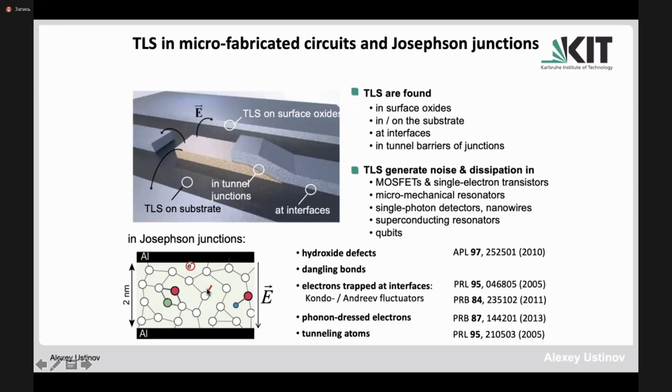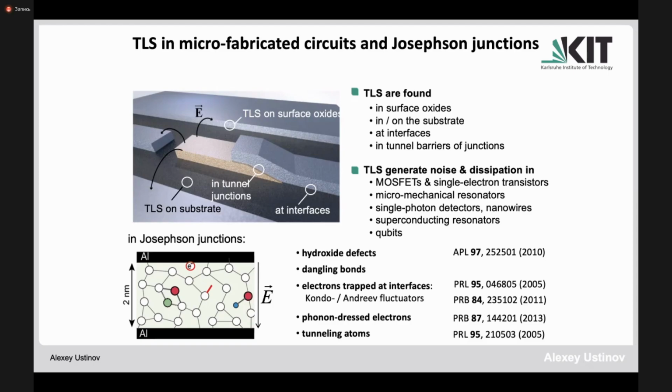And this atom can be either in one position or the other. Since an atom is a very light object, it can tunnel between two positions. And in the presence of disorder, there will be a whole range of different states characterized by this kind of double potentials, where the tunneling energy will have a very broad distribution.